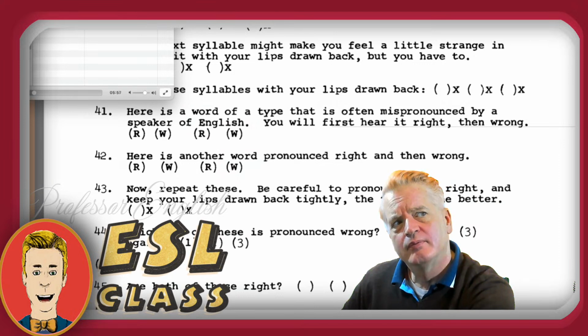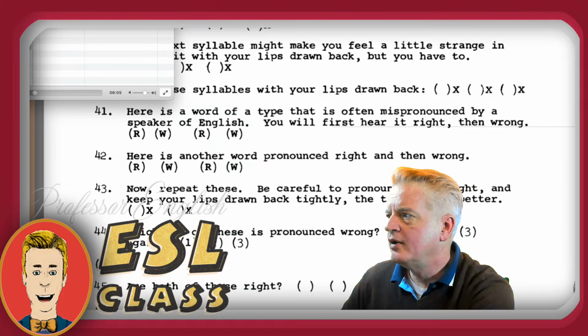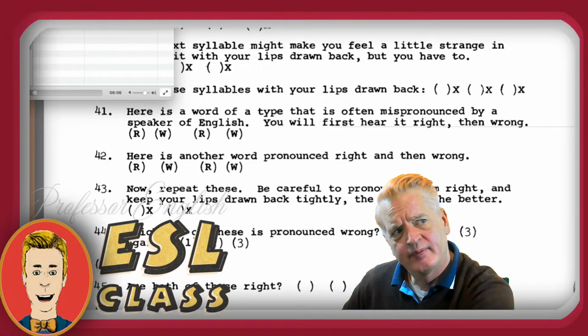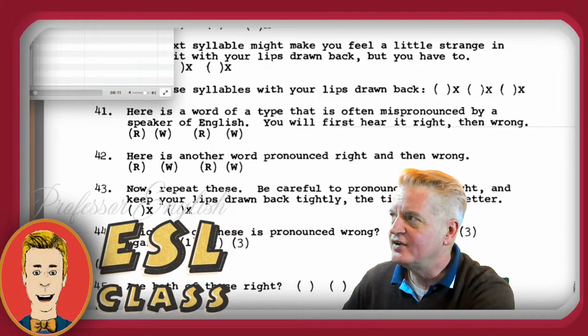Bank, bonk. 42. Kann, this is another word pronounced right and then wrong. Kann, con. Sounds like the only difference is a stronger K in that one.